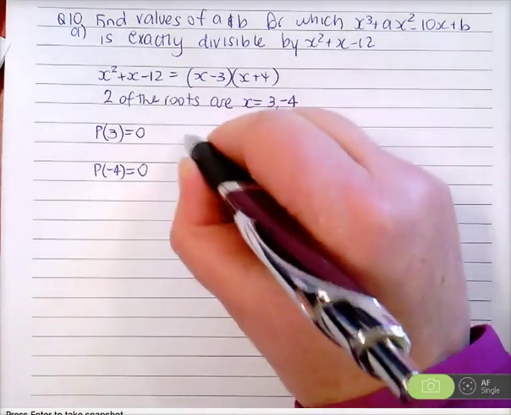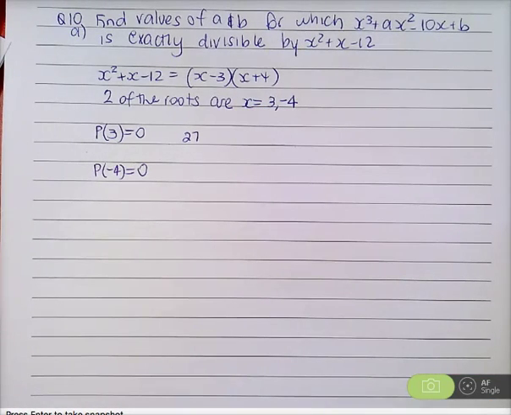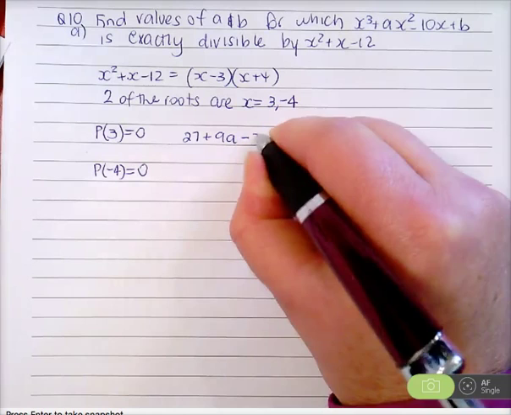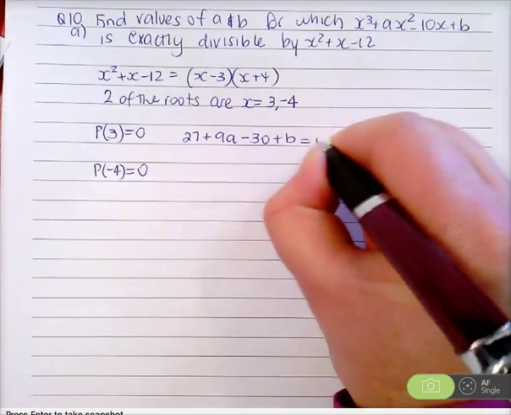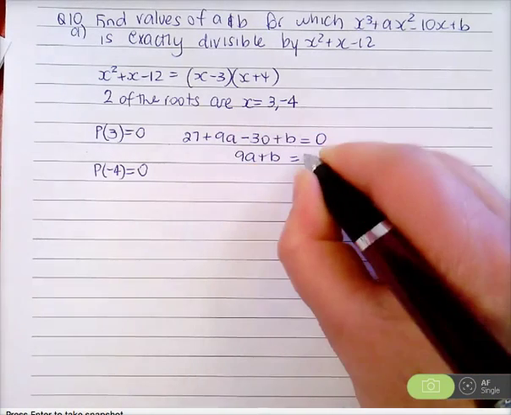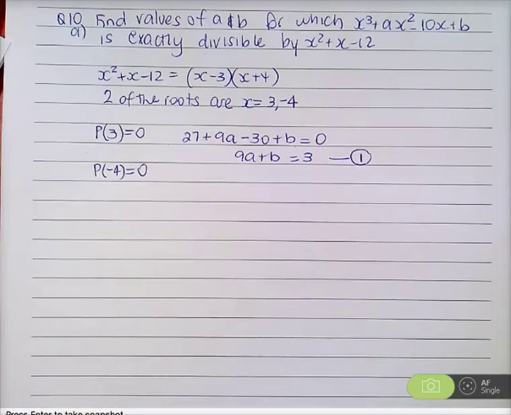Anyway, what do we get for p of 3? 27 plus 9a minus 3a plus b is 0. So 9a plus b is, well, we've got negative 3 there, so it's positive 3. Girls, this is really good revision of the polynomials we did earlier this year.